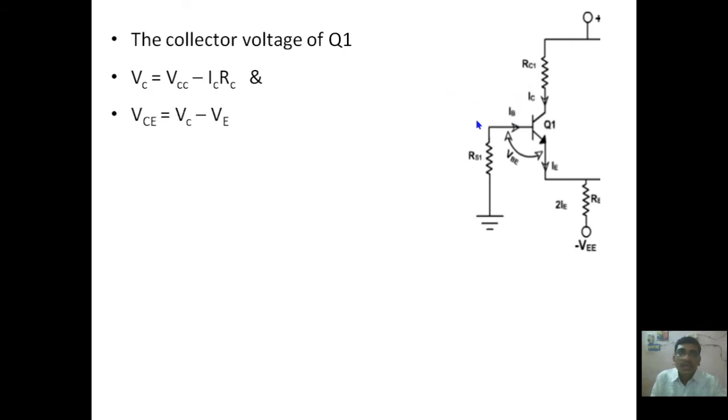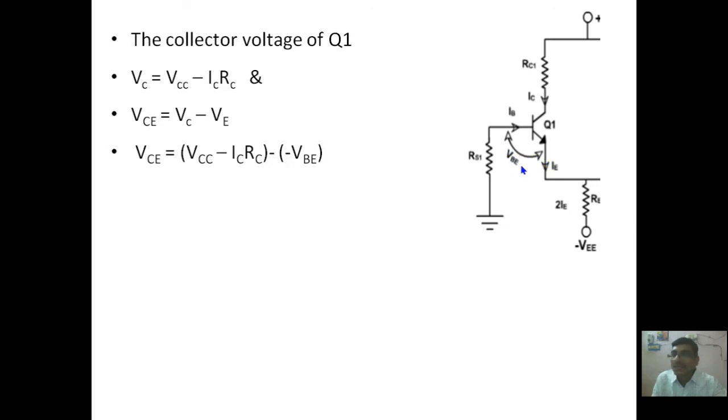Therefore VCE, the output voltage, can be given as VC minus VE, the collector voltage minus the emitter voltage. We already calculated VC as VCC minus ICRC, so substituting in the VCE equation, VCE is equal to VCC minus ICRC minus of the emitter voltage. The emitter is directly given the VBE voltage, so the voltage at the emitter is equal to VBE only.